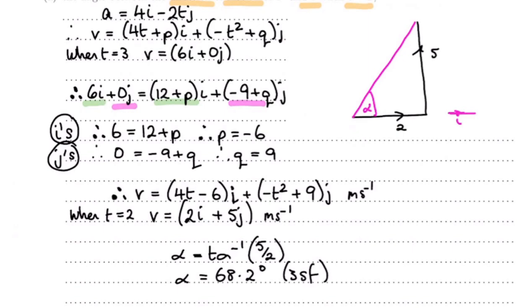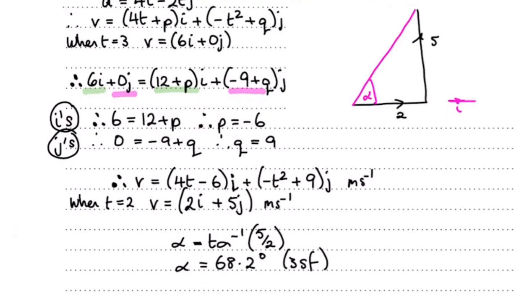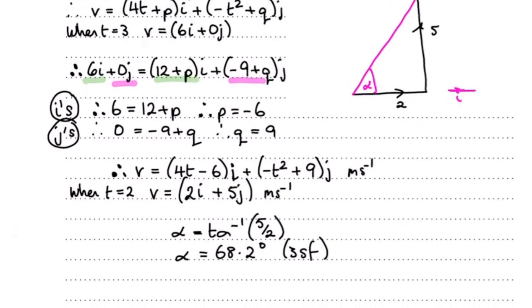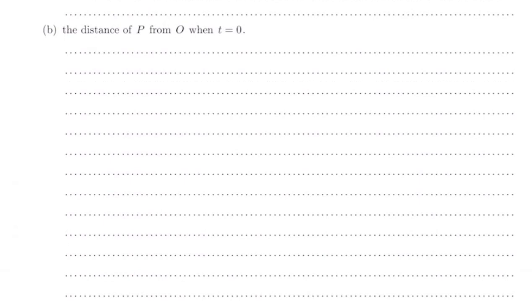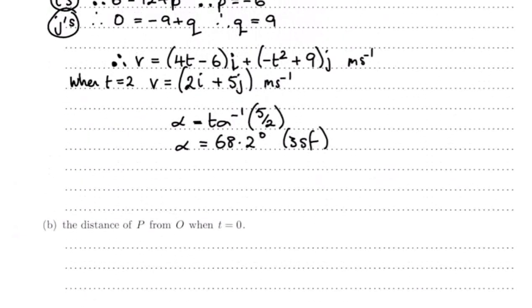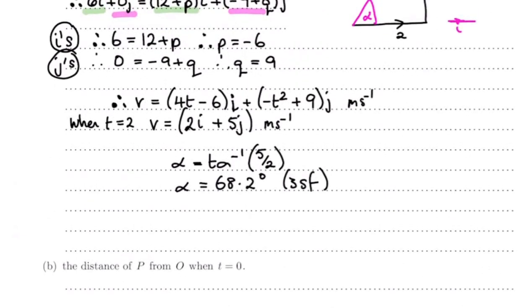Now the next thing it asks us for, if you look, is the distance of P from the origin when t is 0. So let's have a little look at this one. The first thing we're going to do is take our velocity vector, and here it is in part A. Just highlight it, there it is.